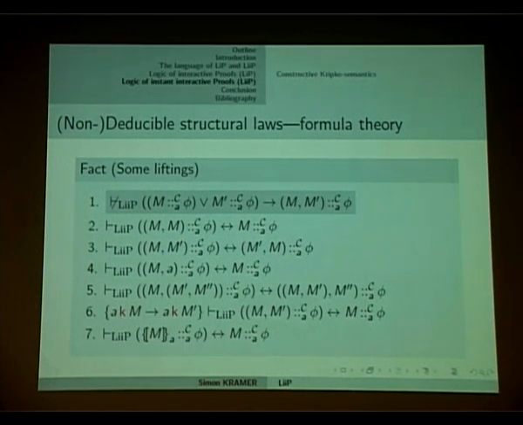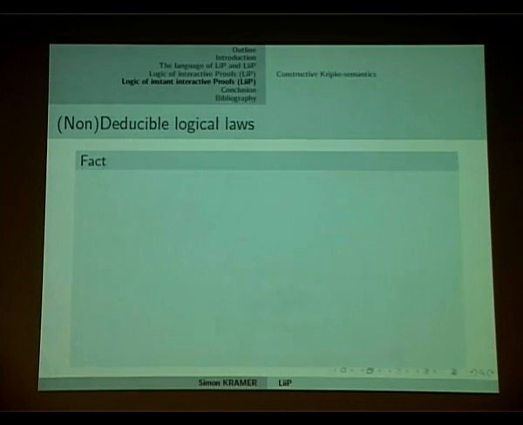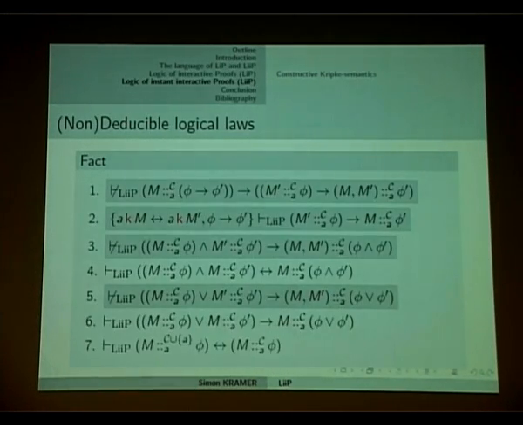You can derive these laws, but I don't have the time to comment on this. Just this law that you had in the monotonic version, you don't have anymore in this non-monotonic version. And all the gray shaded logical laws, you don't have either. So this is a very important law. You don't have it anymore in this non-monotonic logic.